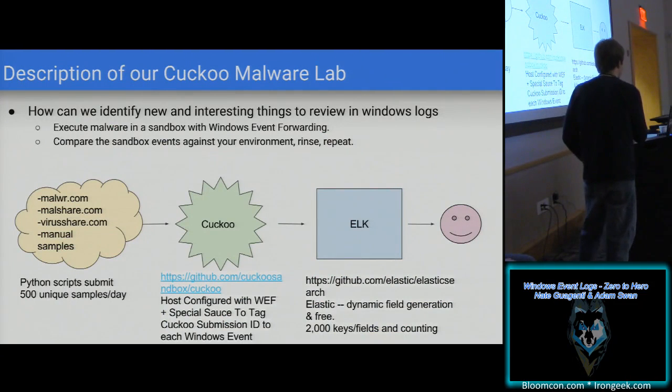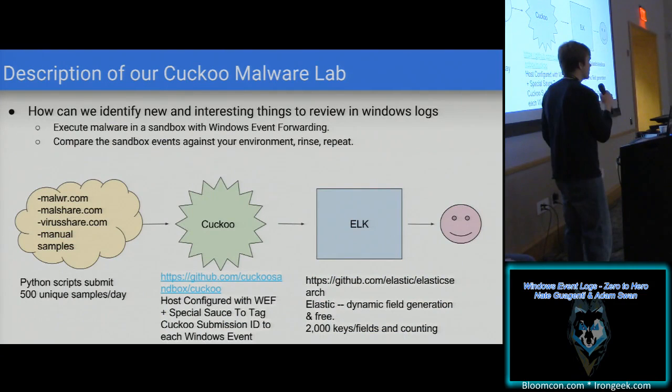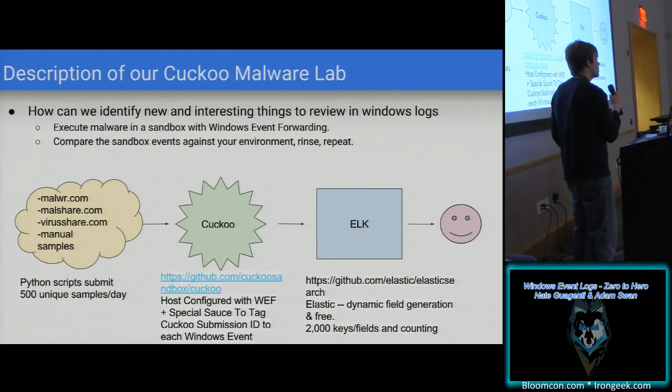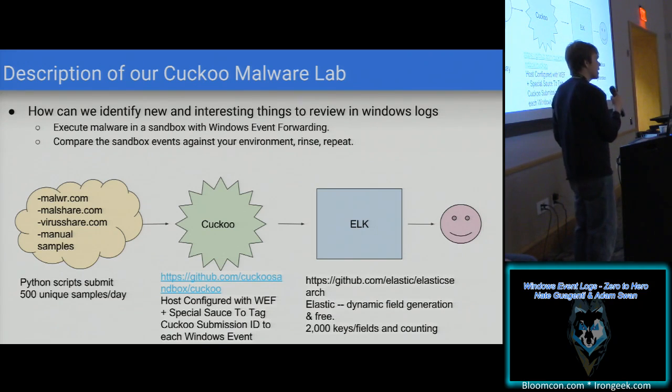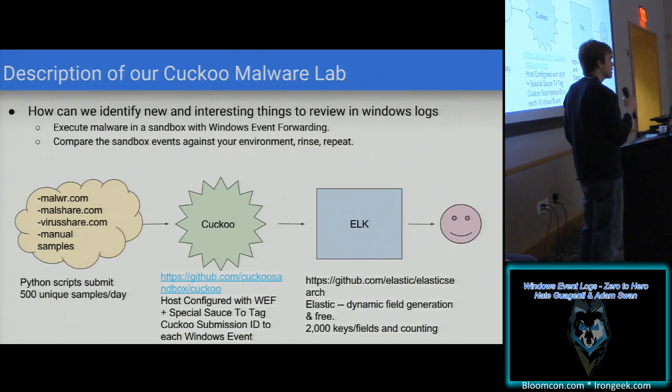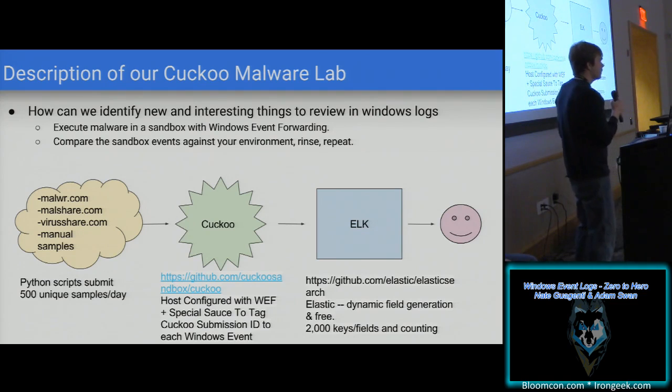Like I said, we have a Cuckoo malware lab that we set up to start identifying interesting event IDs. What we do is pull samples from MalWR, VirusShare, these sorts of things, about 500 a day, and run them through a Cuckoo lab that we have with some special sauce in there.